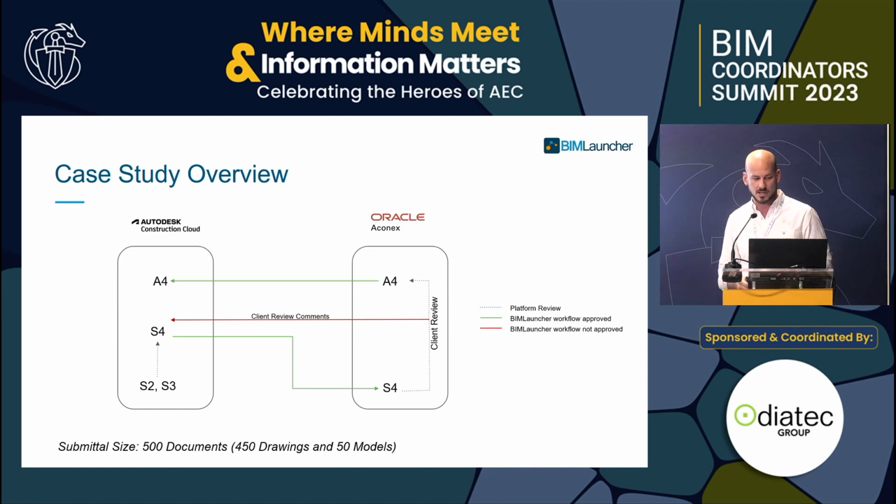The particular workflow, the case study that I'll discuss in the next slides, is for 500 documents. That was a typical submittal made by this customer, consisting of 450 drawings and 50 models. The drawings were in and around 300 to 350 megabytes, and the models were 950 megabytes on average.